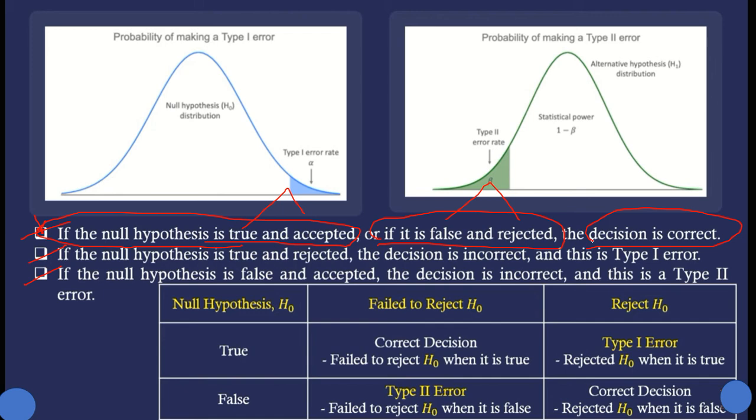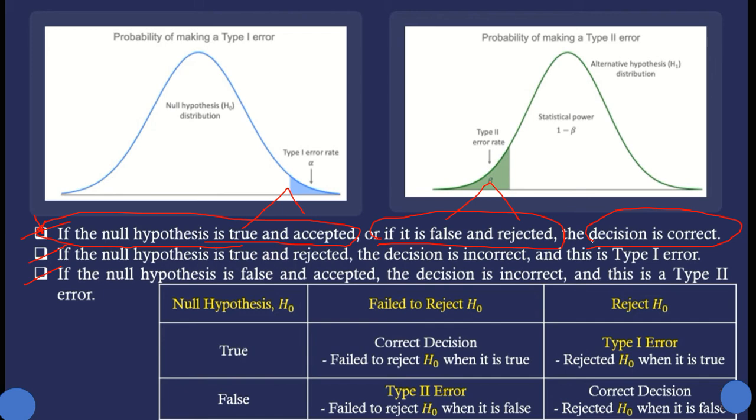I repeat: if it is true and you accepted the null, or it is false and you rejected the null hypothesis, your decision is correct. Because your null hypothesis is true, you know you feel the same, so you accept it. You know it is false, you know you are being fooled, so you reject it. And that is the decision. Your decision is correct when what you reject is right.